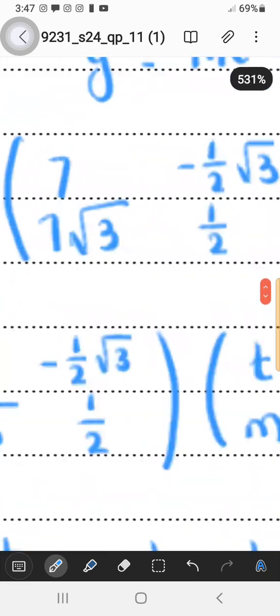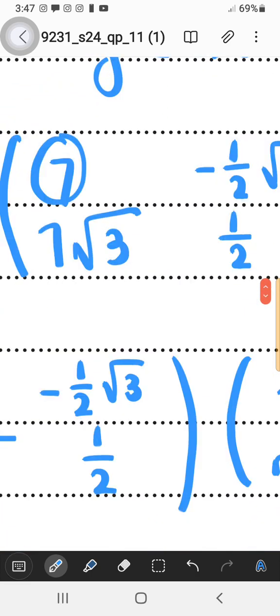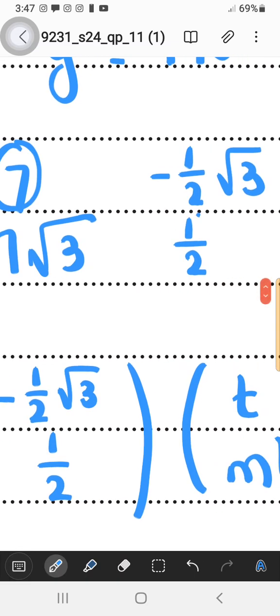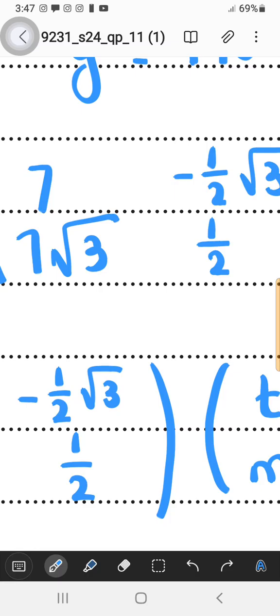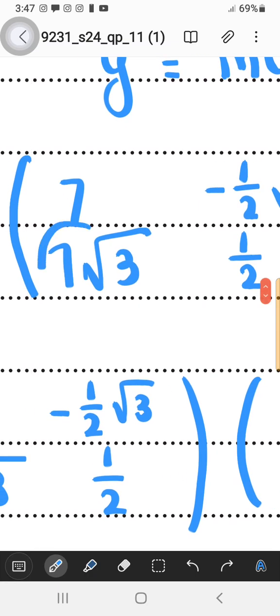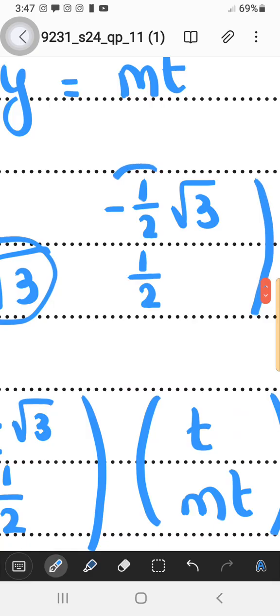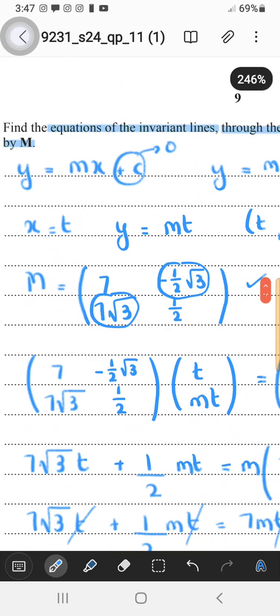So what was m? This is 7. I wish that you should try to find the determinant of m by yourself. This 7 will get multiplied by 1 upon 2, so here is 7 upon 2. Then we will multiply 7 under root 3 by negative 1 upon 2 under root 3. So it becomes, wait a bit, negative 21 upon 2.